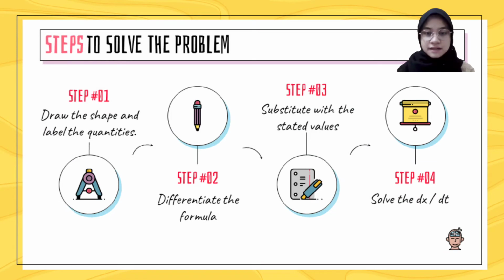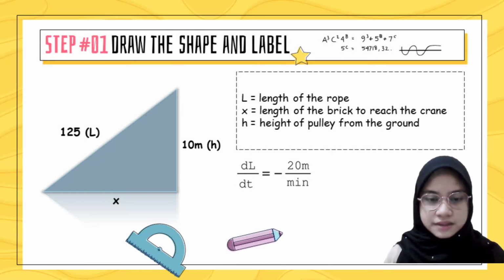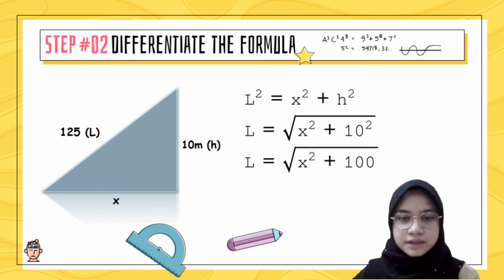There are 4 steps to solve the problem. The first step is we draw the shape and label the quantities. The second step is to differentiate the formula. The third step is to substitute the stated values, and the last step is to solve for dx over dt. The first step is we have to draw the diagram and label the quantity given. The second step is to find an equation that relates the quantities.